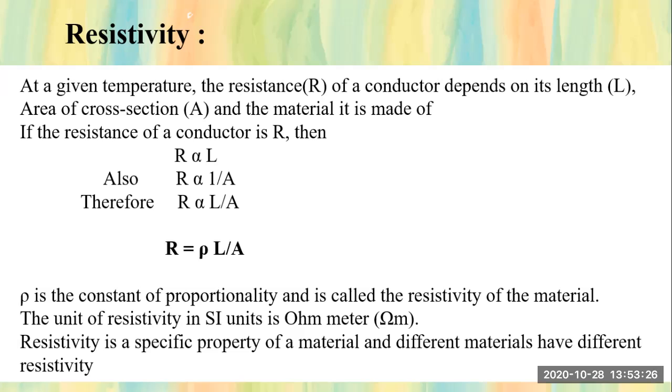So what is this rho? This small tilted p, the symbol you are seeing now, is termed rho. Rho is the constant of proportionality, and it is called the resistivity of that material.